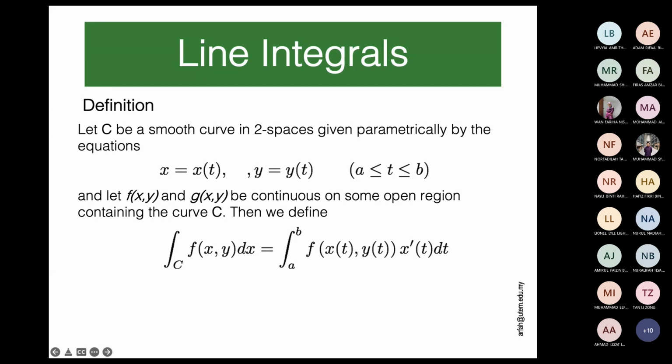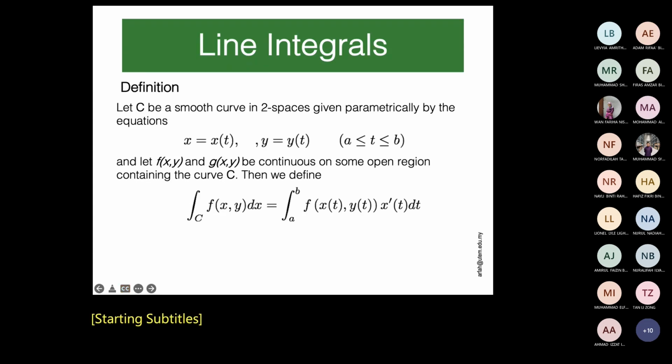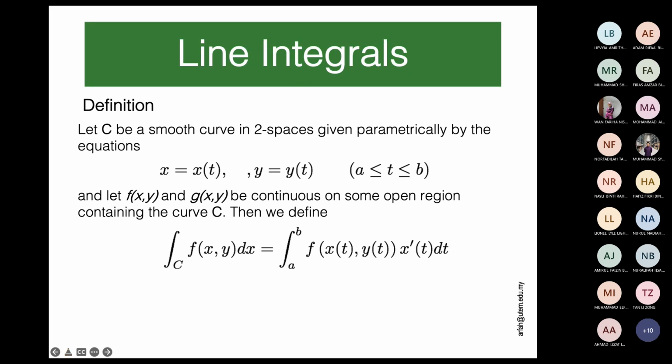So we substitute x and y here with functions of t, because x is a function of t and y is as well, and dx will turn out to be x prime t dt. So we get the first order derivative of x because x is a function of t.